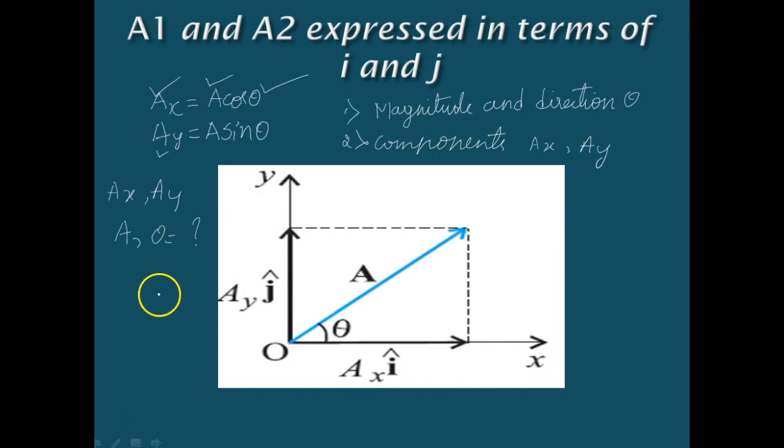We know ax is equal to a cos theta, and ay is equal to a sin theta, isn't it? So we know the value of ax and ay.